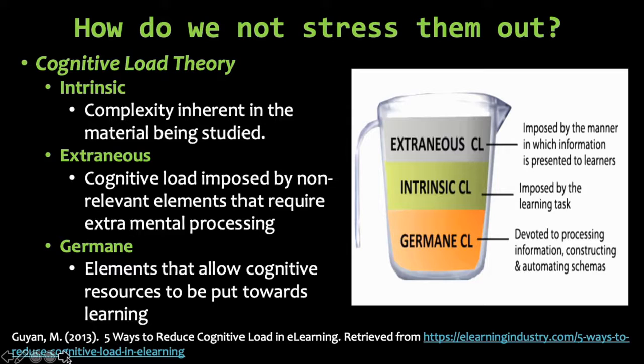But when we build an online class or module, we think, let's give them 10 resources. Students often interpret that to mean they have to read all 10 resources. And what you've asked them to do then is increase their extraneous cognitive load, because this is 3 times more material than they would have been introduced to in your traditional face-to-face classroom.